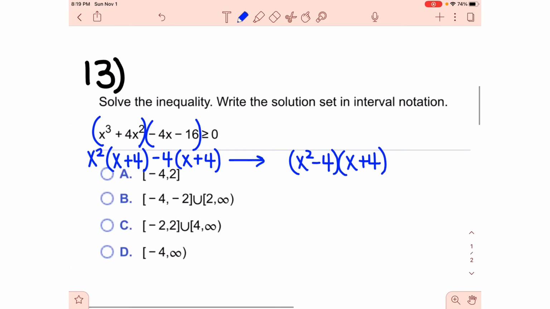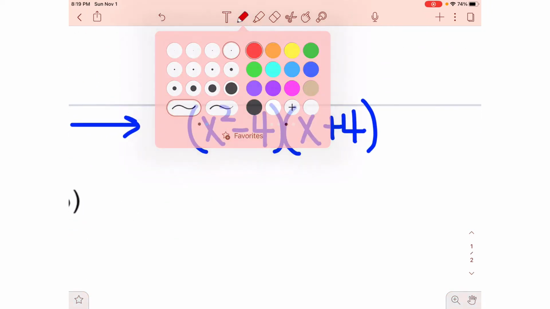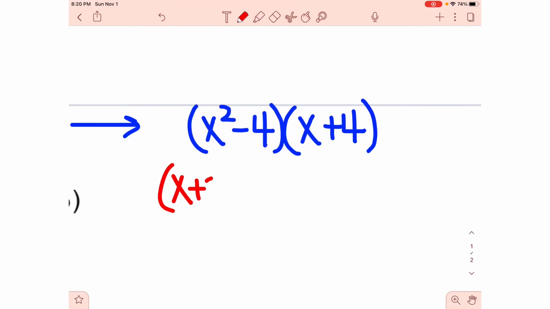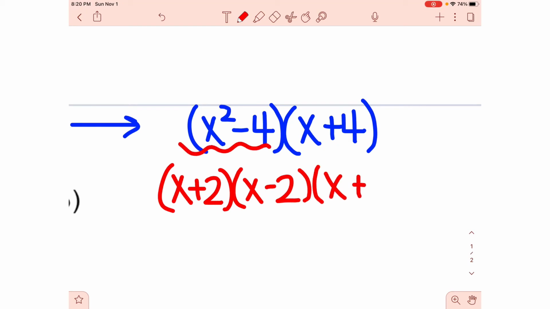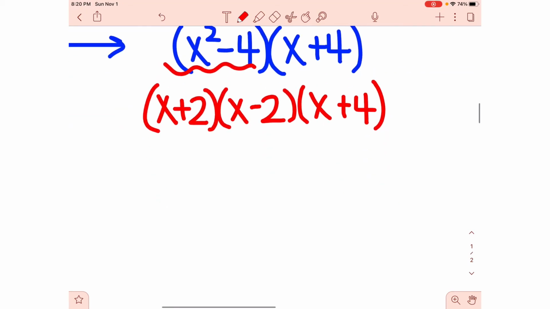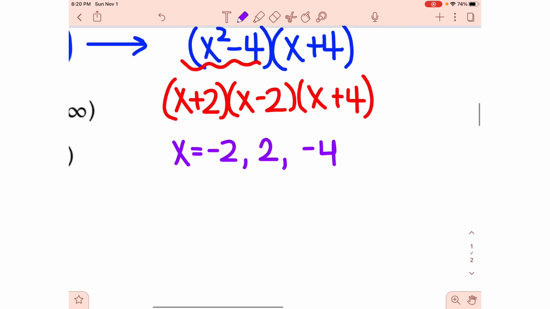All I did was take the outside pieces and put them together, and the inside pieces are one factor. But this keeps going. So x plus 2, x minus 2 from this part, and then x plus 4, which means I have 3 critical values: x equals -2, +2, and -4.